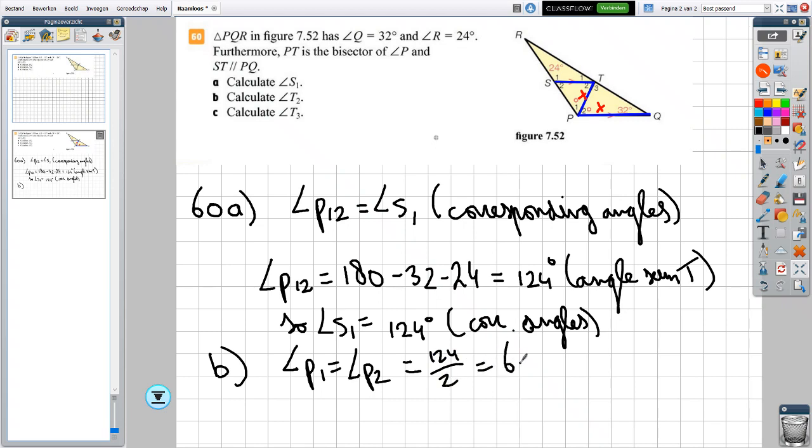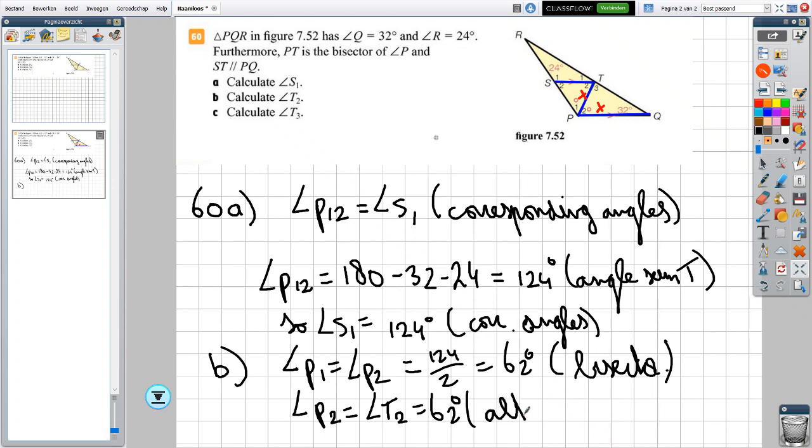So that means one angle must be 62 degrees. Why? Bisector. And now I can just say that angle P2 is going to be equal to angle T2, is 62 degrees. Why? In this case, because of alternate angles.